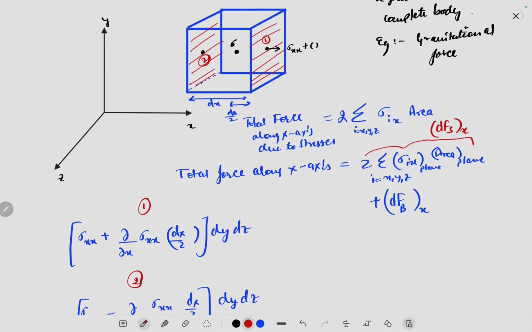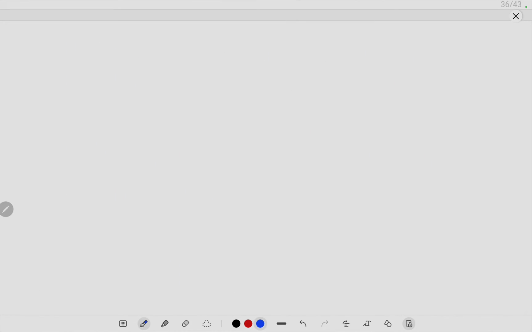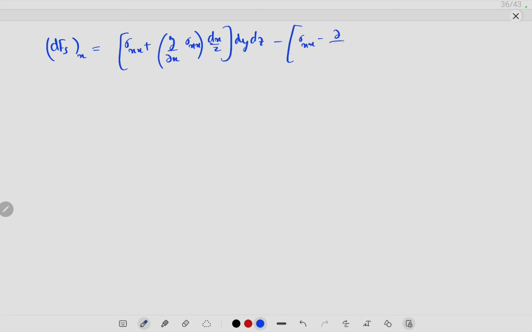So now if you consider all the faces, what you will get is the following. dfs x equals sigma xx plus del by del x of sigma xx dx by 2 times dy dz, minus sigma xx minus del by del x of sigma xx dx by 2 times dy dz.